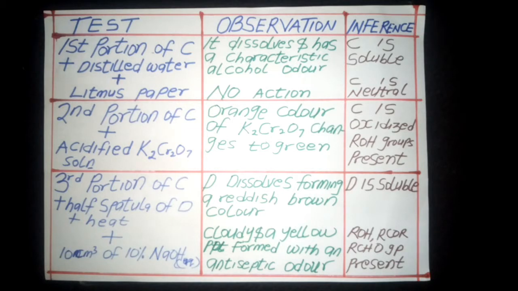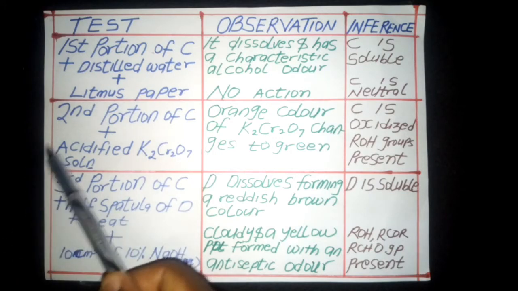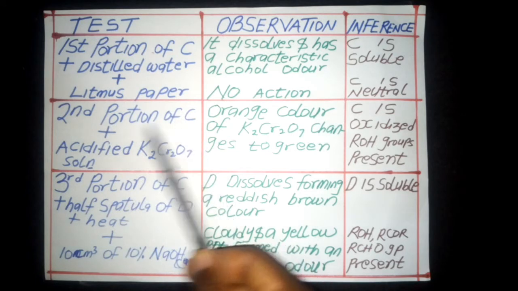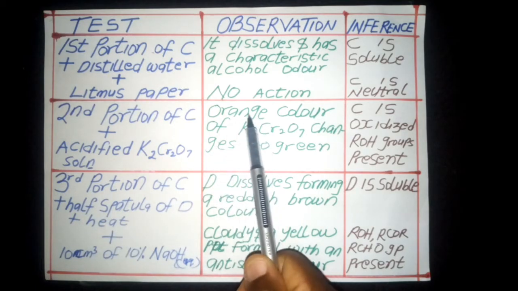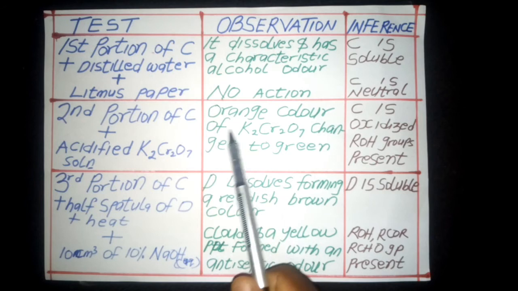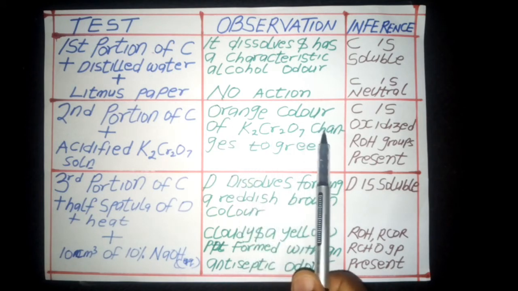They will direct you, maybe they might say add maybe 5 cm cube of sulfuric acid to potassium dichromate to acidify it. So whatever the case, it's still the same thing. So I'm just going straight to say second portion of C plus acidified potassium dichromate. Mind you, potassium dichromate is orange in color, and so when this happens, you notice that the orange color of potassium dichromate changes to green, and that's what is here on the observation.